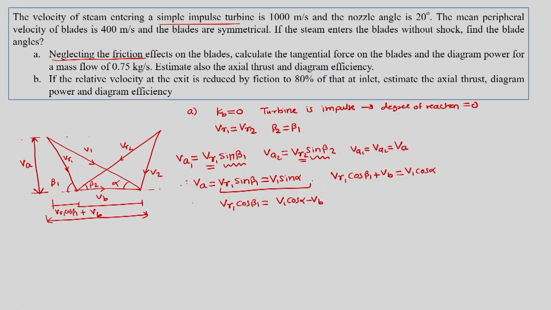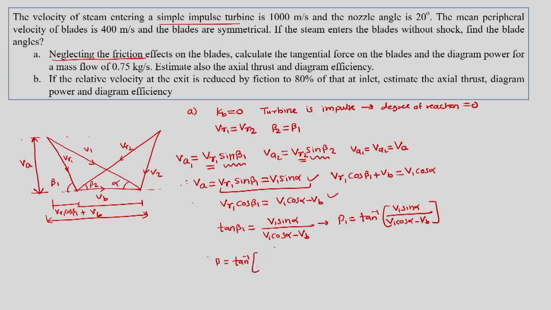We can divide these two equations, and then we have tan of beta 1 is equal to V1 sin alpha divided by V1 cos alpha minus Vb. So beta 1 is equal to tan inverse V1 sin alpha divided by V1 cos alpha minus Vb. So now V1 is given to us, which is 1000 meter per second.